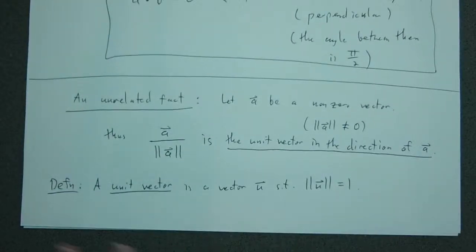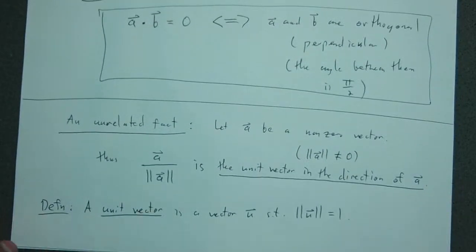Okay. This is a very standard trick. Given any non-zero vector, you can always find a unit vector that points in the same direction. Why does it point in the same direction? Note that all we did to A is scale it by some scalar. So by definition, this is parallel to A. But what we mean when we say parallel, of course, is that the vectors point in the same direction.